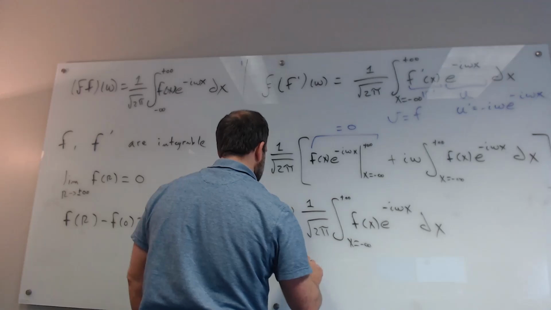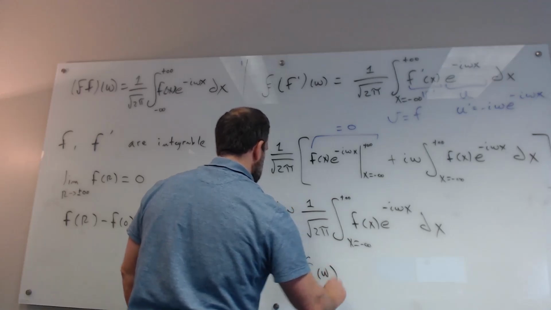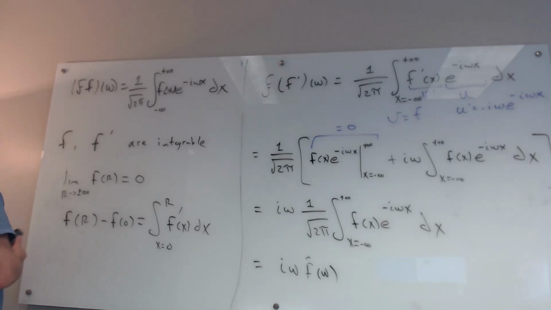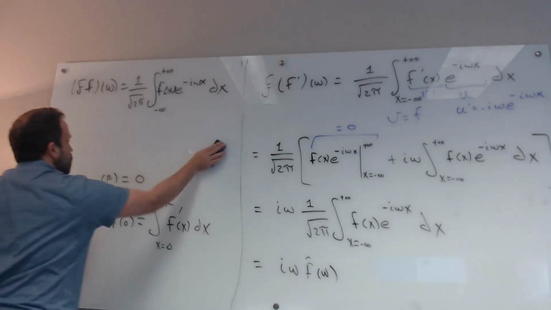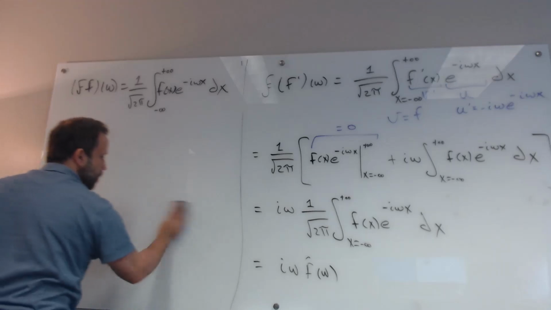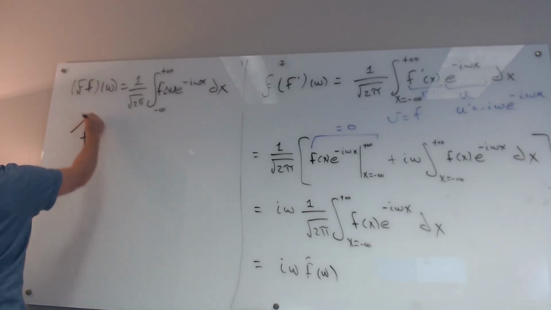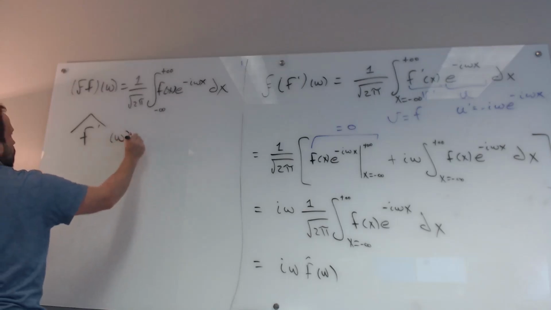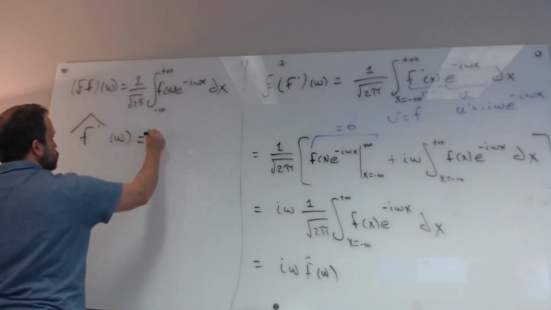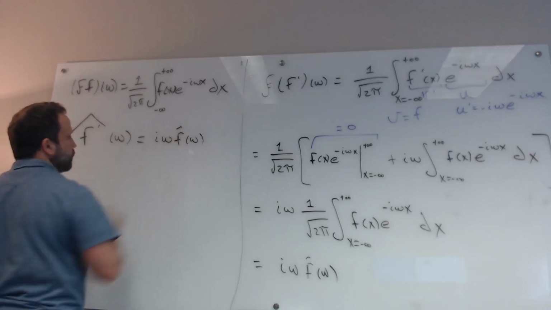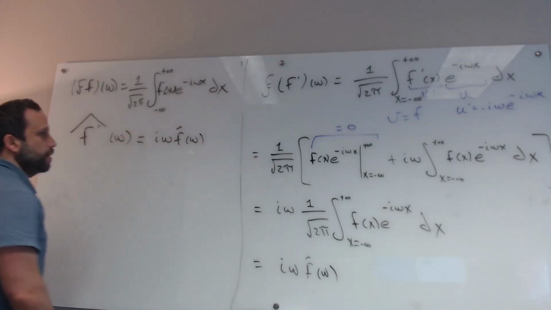So this is f hat of omega. Okay, so I'm going to record that over here. What this tells me is that the Fourier transform of f prime is equal to i omega f hat of omega.